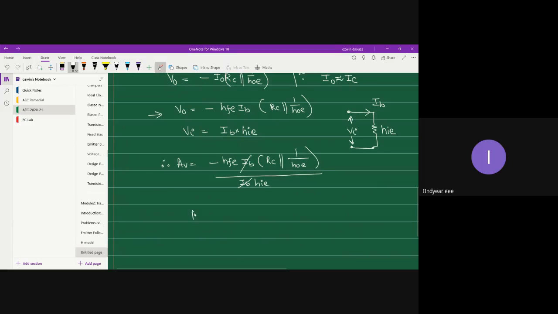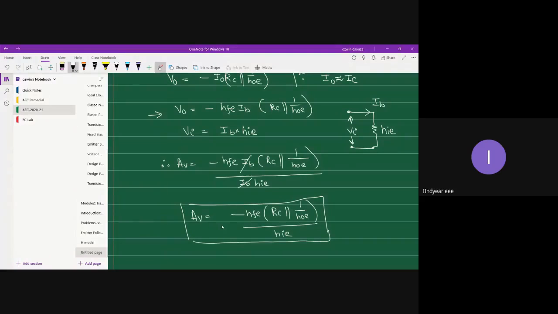You're left with voltage gain AV as negative HFE into RC parallel with 1 over HOE divided by HIE. So that's my voltage gain expression.